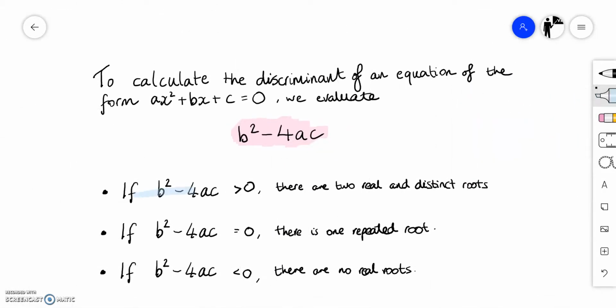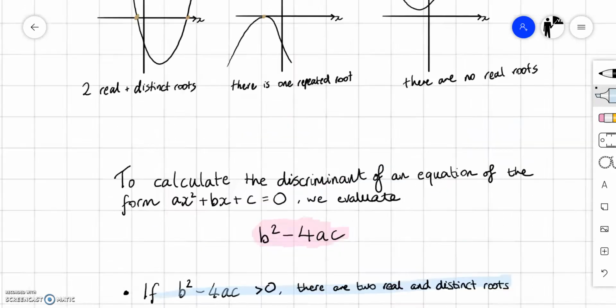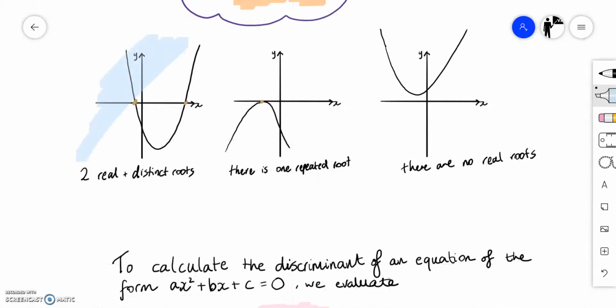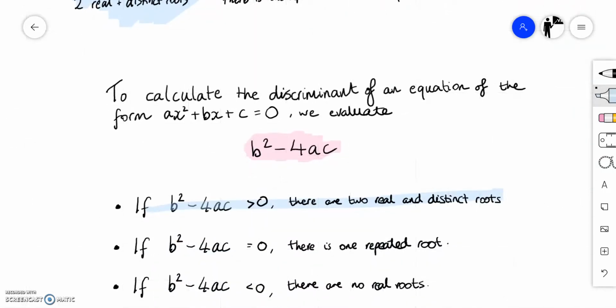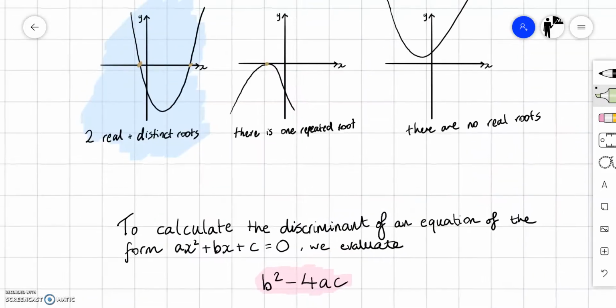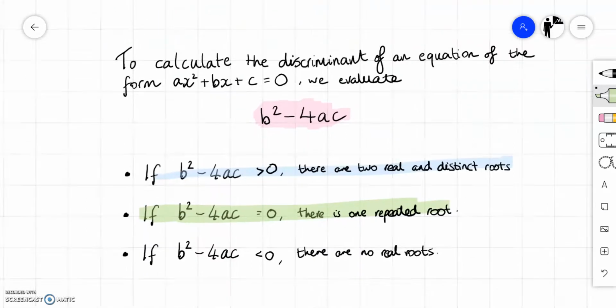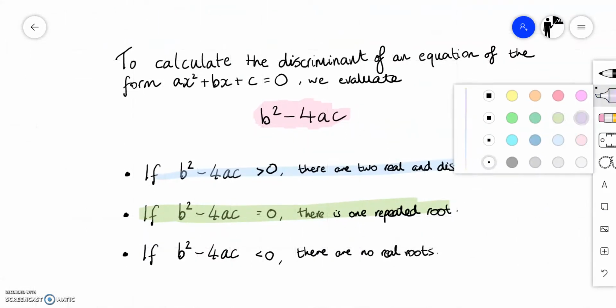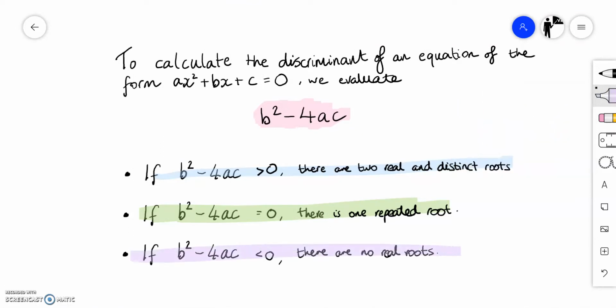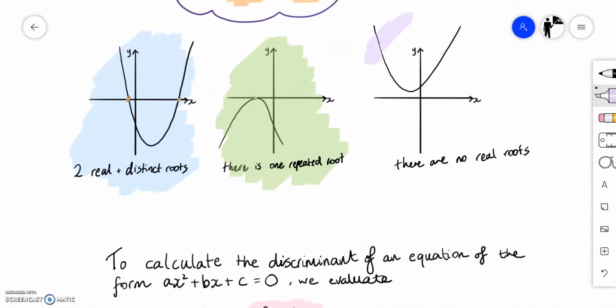So if b squared minus 4ac is bigger than 0, there are two real and distinct roots. So that would fall into scenario 1 here. If our discriminant was equal to 0, that would say that there is one repeated root. That would be this guy here. And finally, if we worked out the discriminant and it was a negative number, that would imply that our parabola would not cross the x-axis, like this one here.